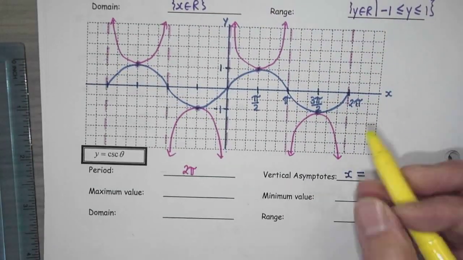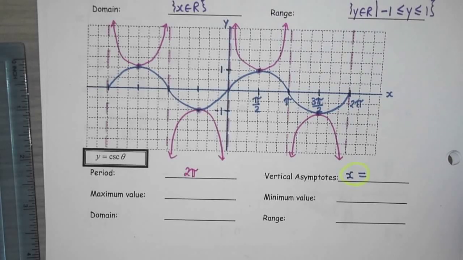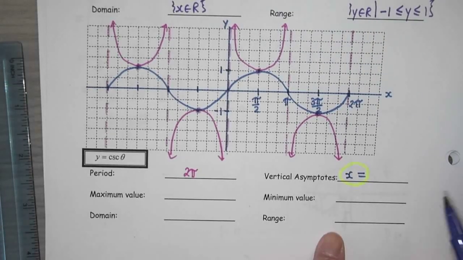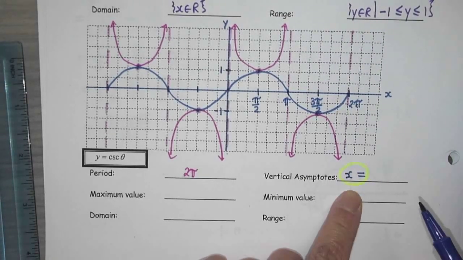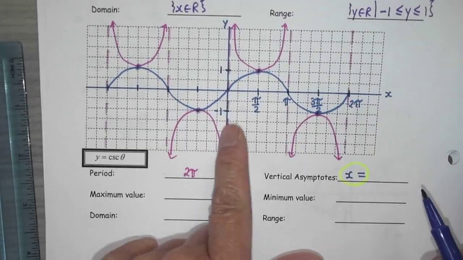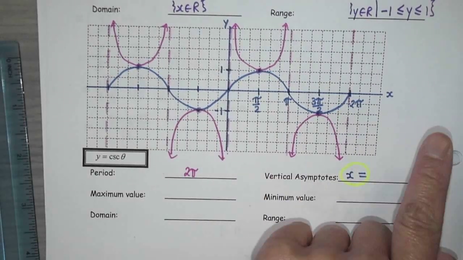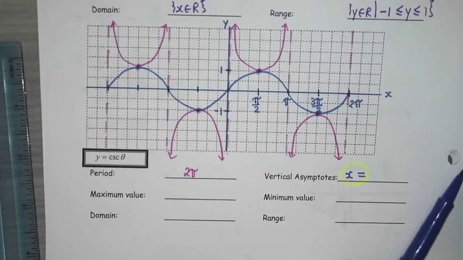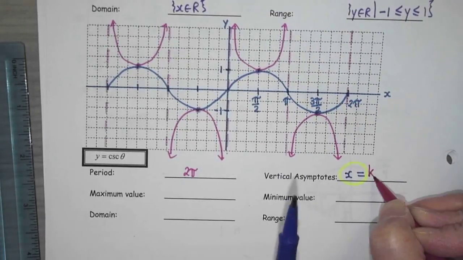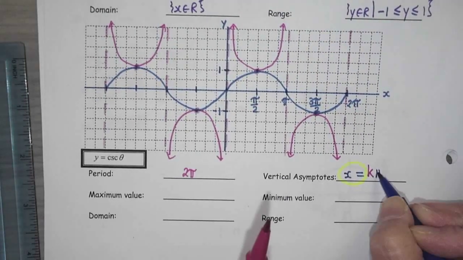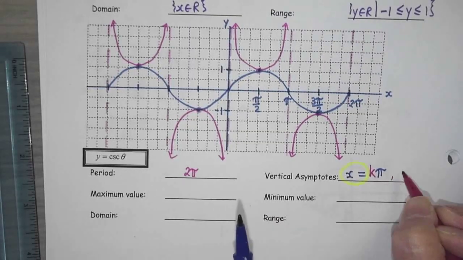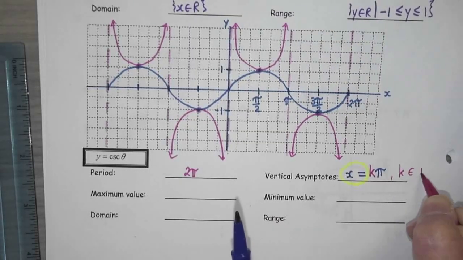I need the equation. Never forget the equation, people always do that. It's every pi, 0, pi, 2 pi, 3 pi, 4 pi, so it's going to be x equals k pi. And k, you're going to say it's an integer.